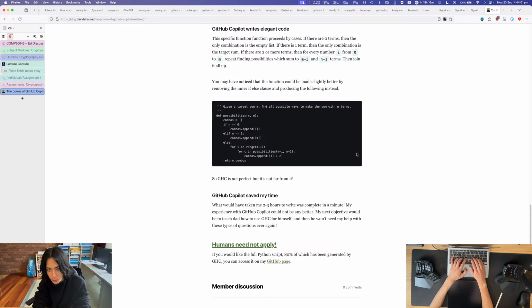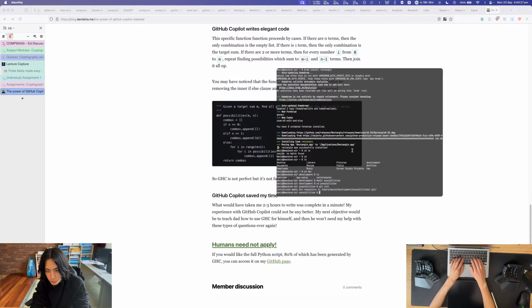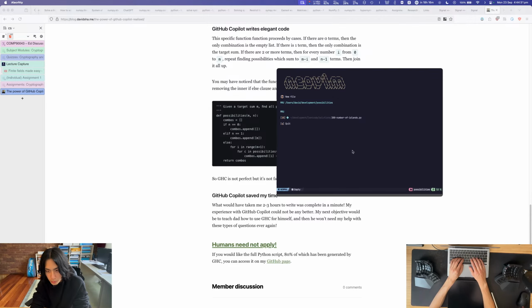Some of them terms. Permutations. Possibilities. Possibilities. Okay.